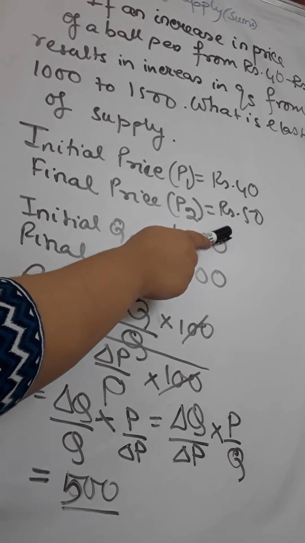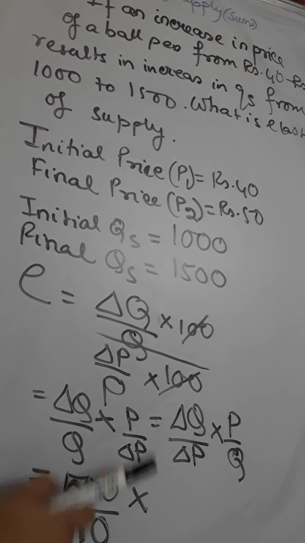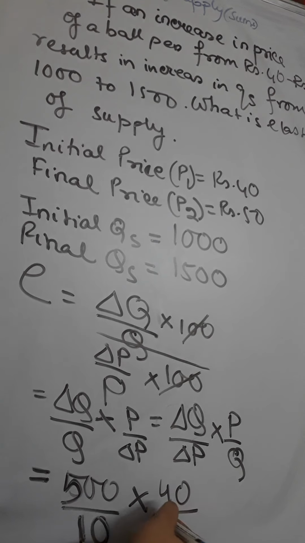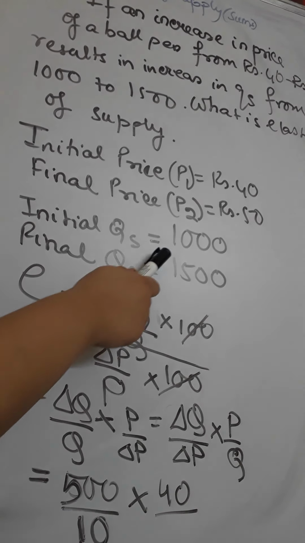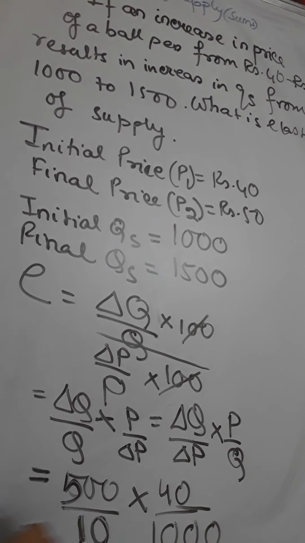Change in price is 50 minus 40, 10. Rupees 10 is the change in price, into original price, that is rupees 40, by original quantity, which was 1000. So if we calculate, we will get the value of elasticity.